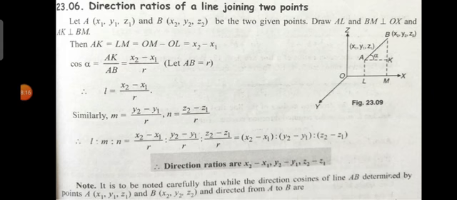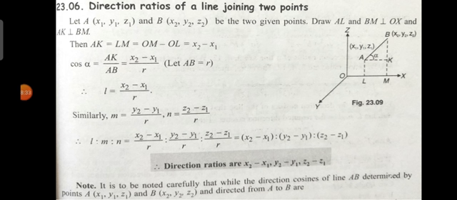And now the next is the direction ratios of a line joining 2 points. There are 2 points given, A and B. A is x1, y1, z1 and B is x2, y2, z2.